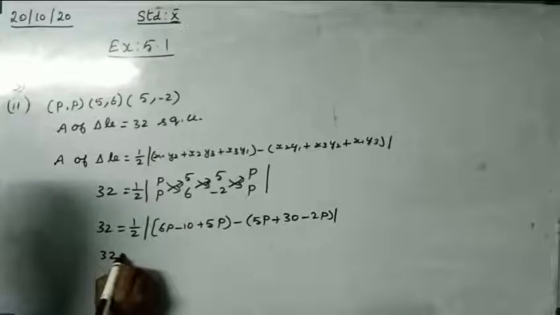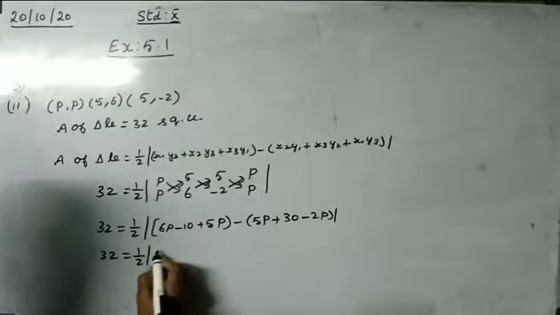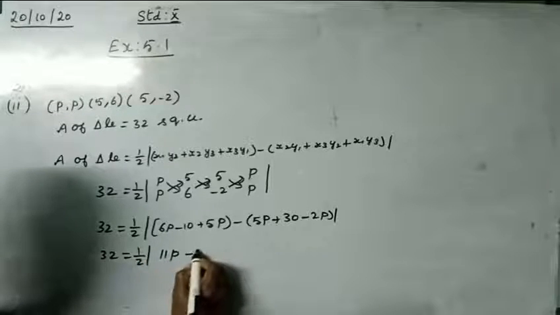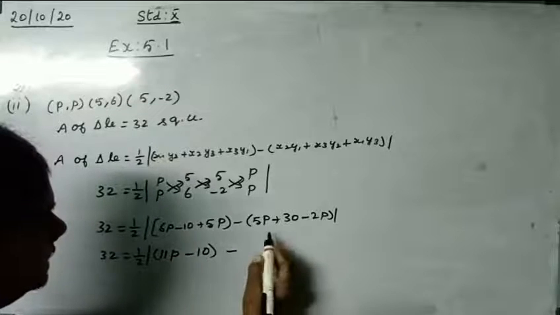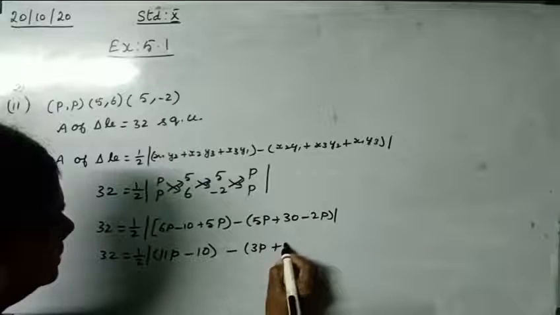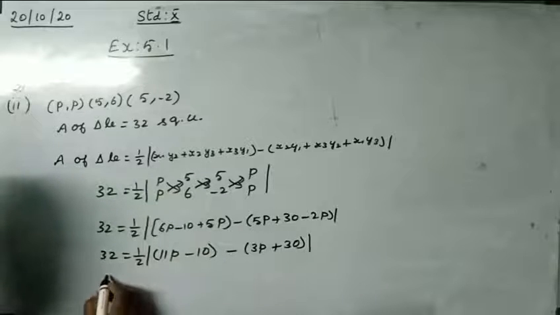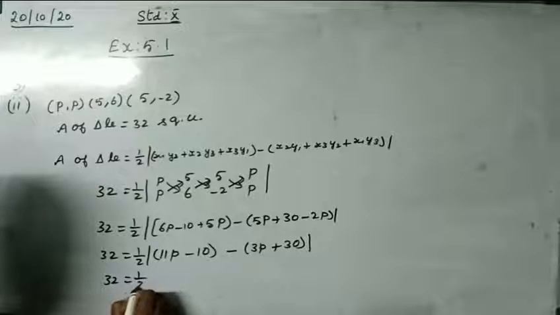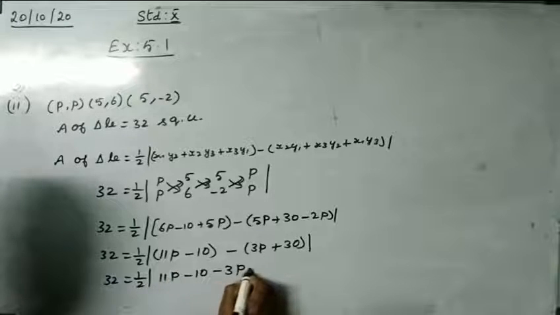So 32 is equal to 1 by 2 modulus of 6P plus 5P is 11P minus 10, minus 5P minus 2P is 3P plus 30. Now remove the bracket: 11P minus 10 minus 3P minus 30.